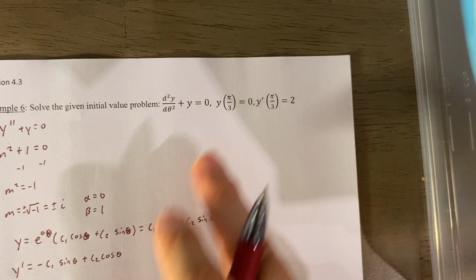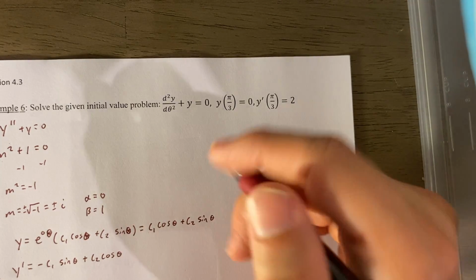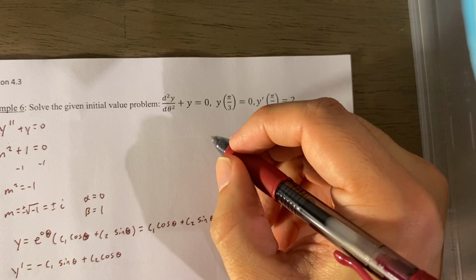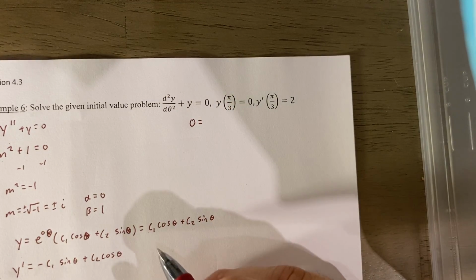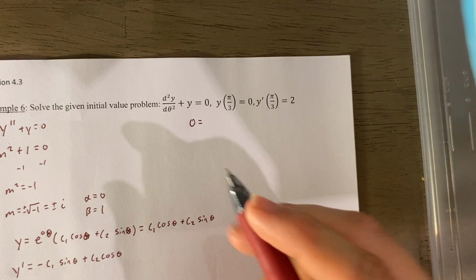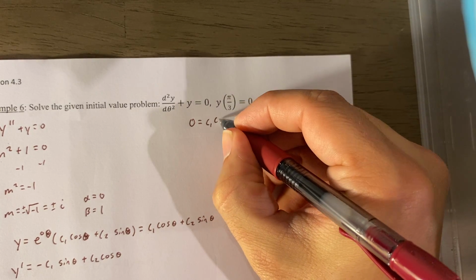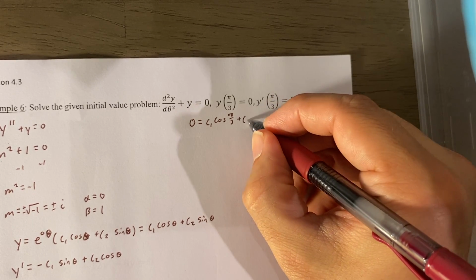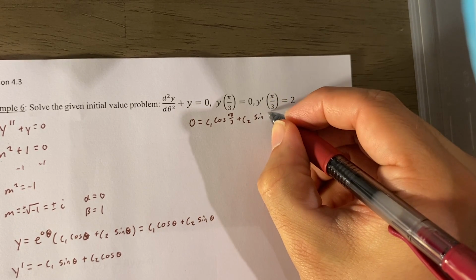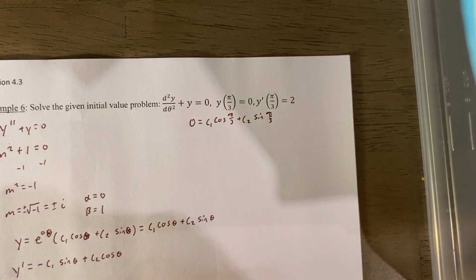I'm going to start with the original equation, and I'm going to say 0 is equal to c sub 1 cosine of pi over 3 plus c sub 2 sine of pi over 3.